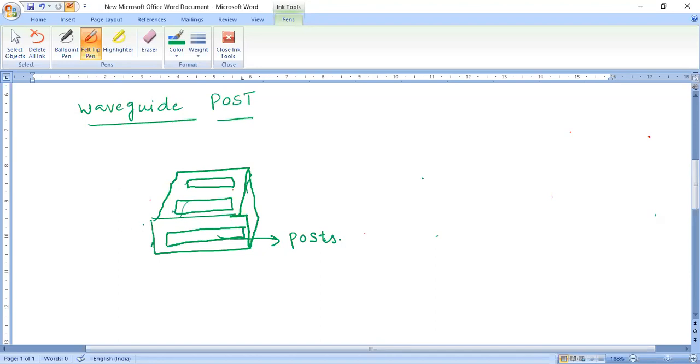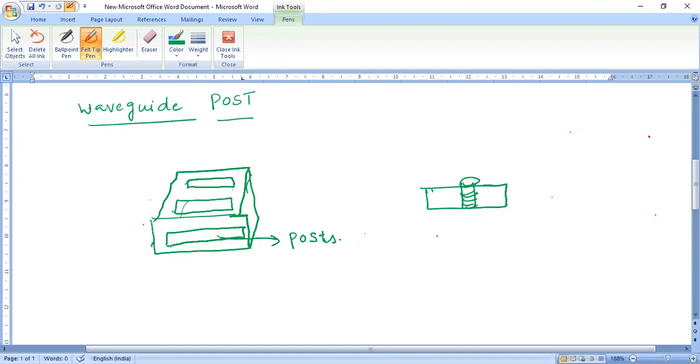In waveguide screws, this is a waveguide, we have made a slot and placed the screw here. But unlike this one, not at a particular portion, completely across the waveguide, we need to place a metallic sheet.